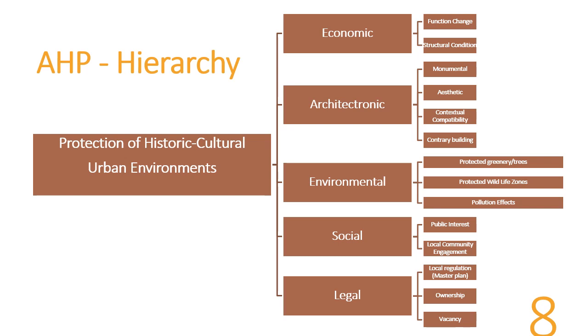Also, we are using some sub-criteria like protection, green area, pollution effects, public interest or ownership. And we also have some criterion elements, for example for structural condition: bad condition, good condition, or ruin. We use all of them to build the hierarchy and model for the analytical hierarchy process.